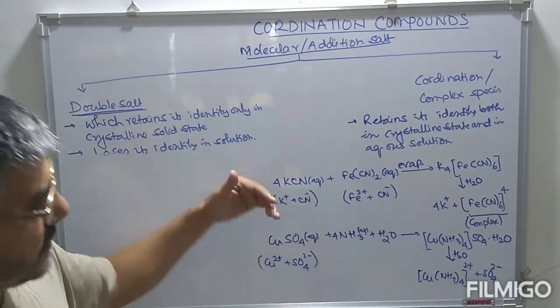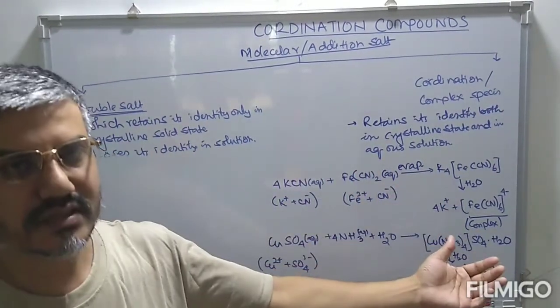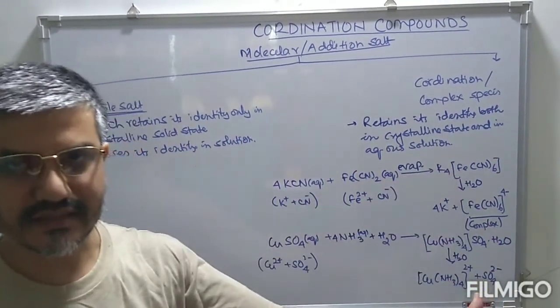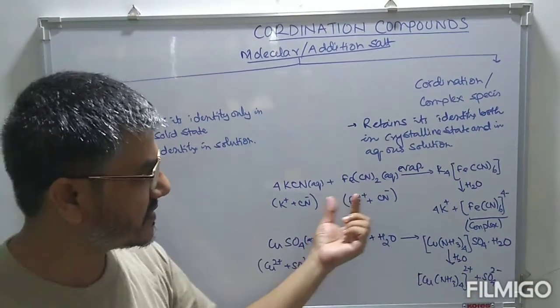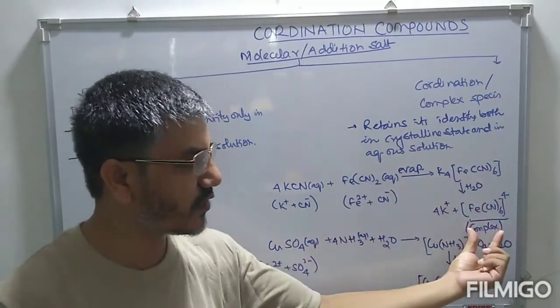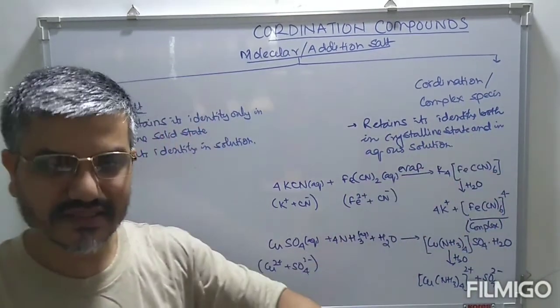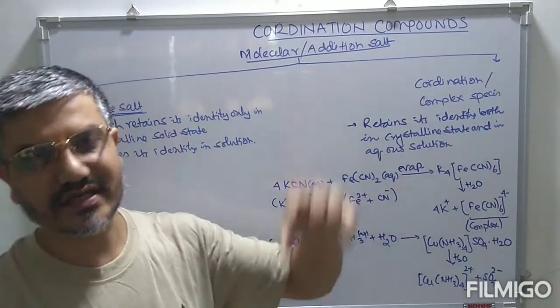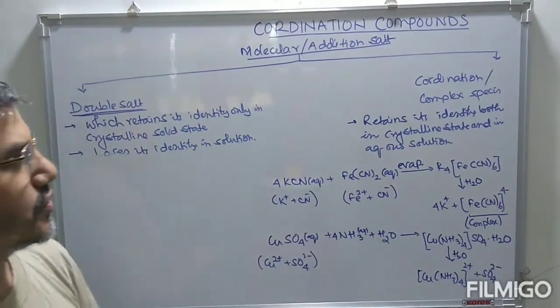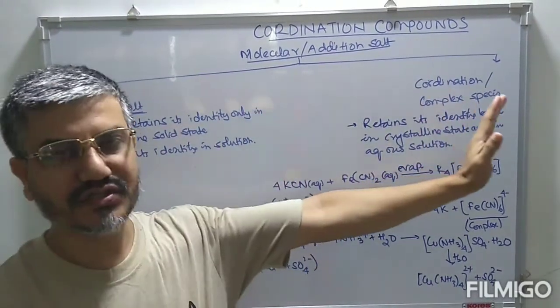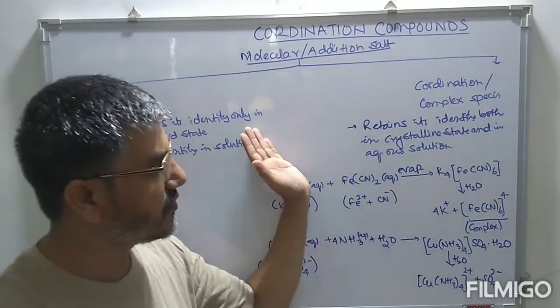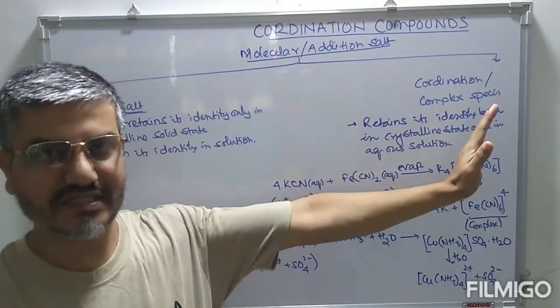So individual ions lose their identity. The identity of this complex species is retained both in crystalline state as well as aqueous solution. So this is what we call as coordination species. And so we are going to focus more on this coordination species.